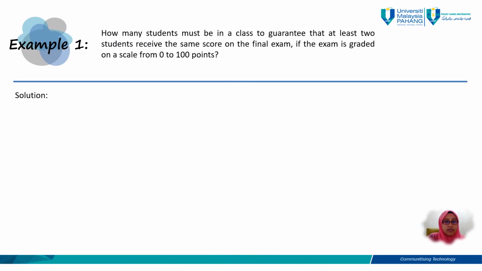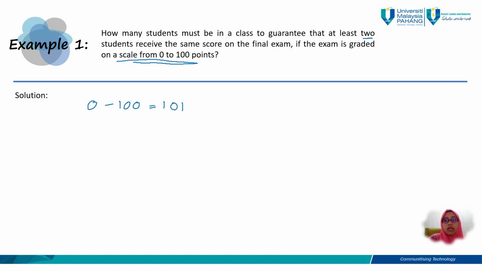Alright, for better understanding, let's try some examples. Example number 1: how many students must be in a class to guarantee that at least 2 students receive the same score on the final exam, if the exam is graded on a scale from 0 to 100 points? So from 0 to 100, what is the total of the grades?